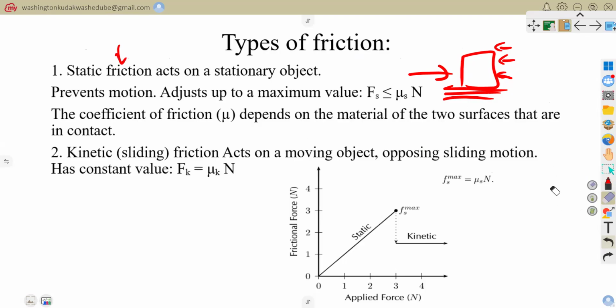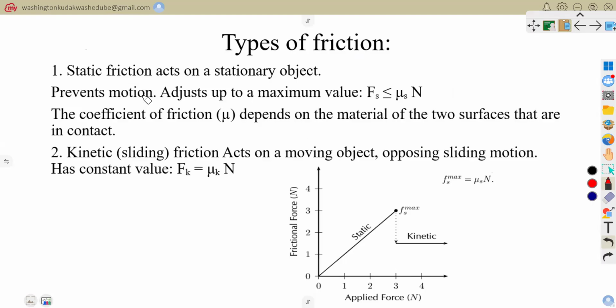Static comes from the word stationary. Whatsoever is causing our object to be stationary is what we refer to as static friction. Static friction is what prevents motion.